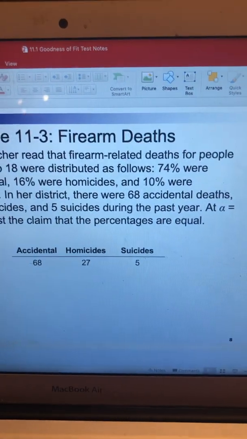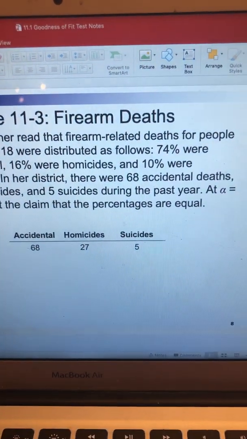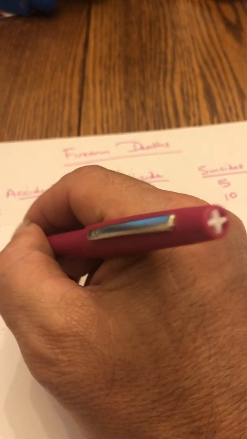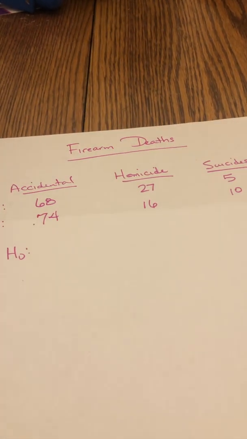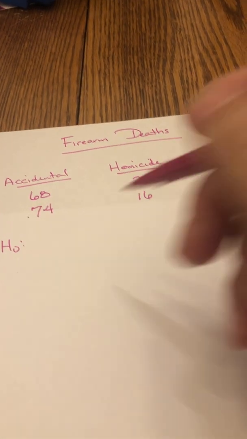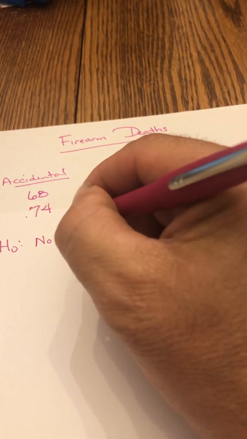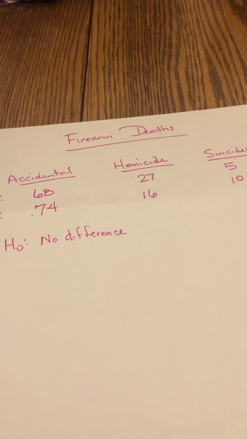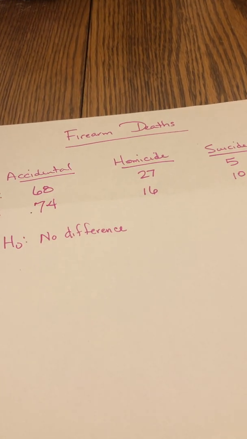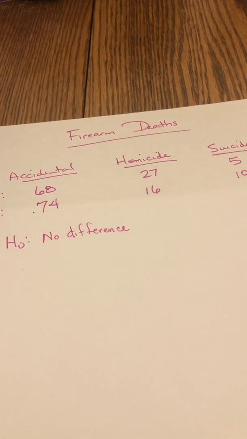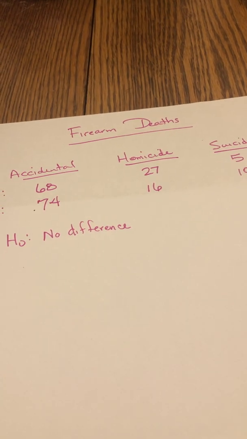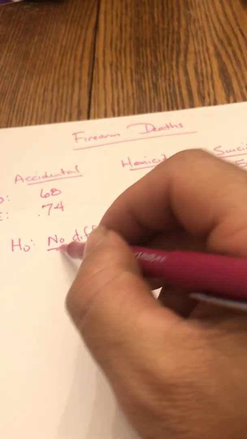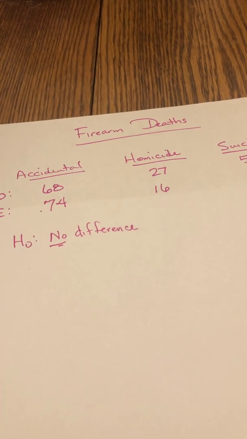All right. Again, we are supposed to test the claim that the percentages are equal. So I'm going to go on here, and you can do this in a couple different ways, but we're testing, are they equal? So I can say there's no difference. You can say they're equal if you want to, that they are the same as the national average if you want to. I like following the convention of always using the word no in my null hypotheses.